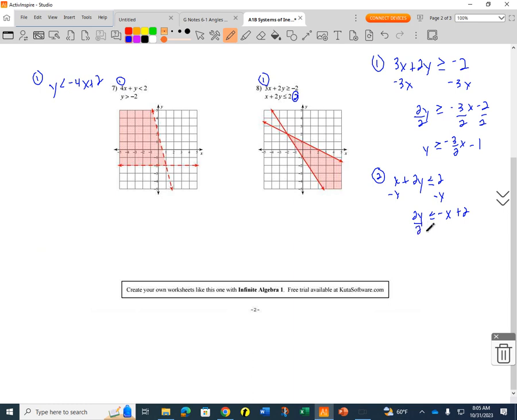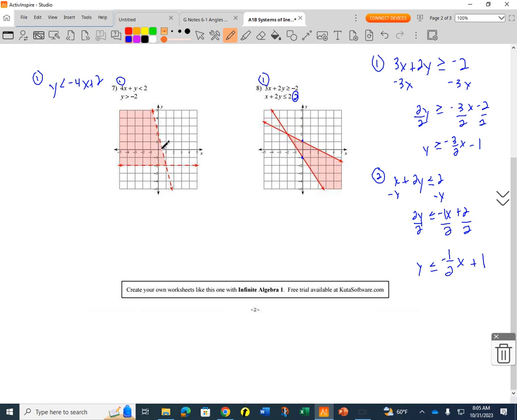Divide everything by 2, and so that's y is less than or equal to, remember, if you don't see that, that's a -1, so we're going to rewrite that as -1/2 x plus 1. So that's what your second inequality should look like. You can see that this inequality has a y-intercept of -1, and you can see this line intersects at -1. This inequality, once it's solved for y, has a y-intercept of +1, and you can see that's where the other line intersects.